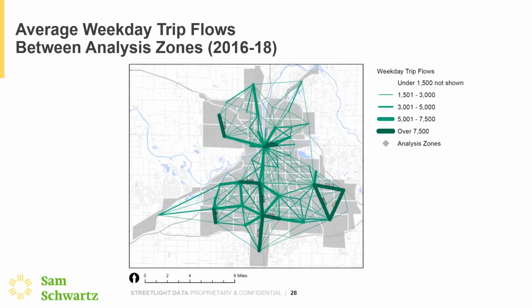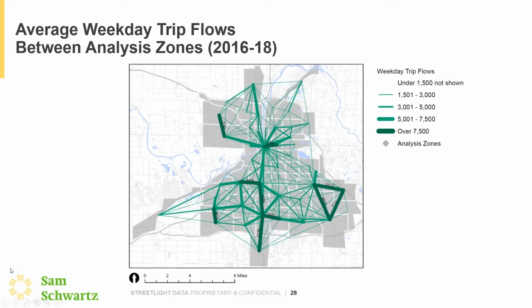Then we also tried to display the travel pattern data in a different way using a flow diagram. These lines represent the flows between each pair of zones, and the line thickness indicates the amount of travel that's occurring. This also helped to understand the travel patterns in a slightly different way.